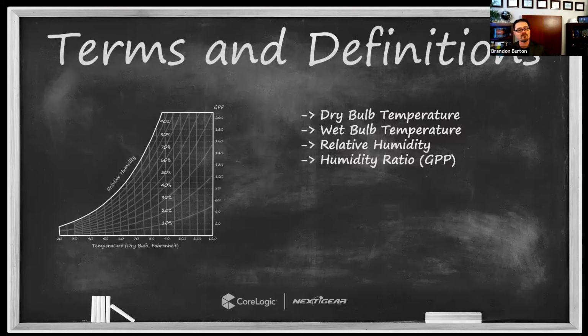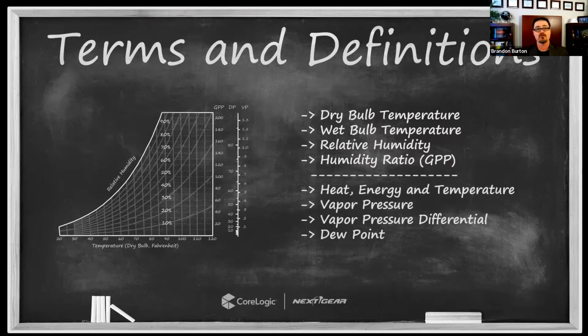All right. So having said that, I have a few terms on the slide right now that I'm not going to dig real deep into. I'm not going to dig real deep into the scale of wet bulb and dry bulb temperature, the scale of relative humidity, or the scale of humidity ratio. These are what I refer to as Psychrometry 101, the basics of psychrometry. Where we're going to dive in today is what I call the 301 end of the chart. The 301 end of the chart is way off on the right-hand side.